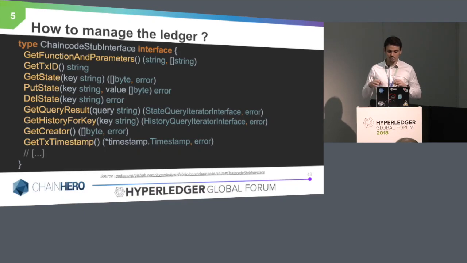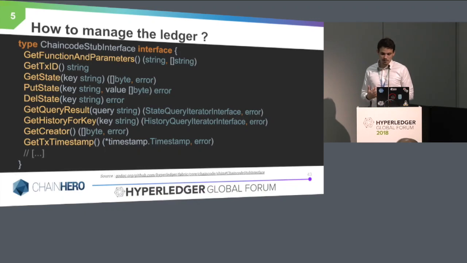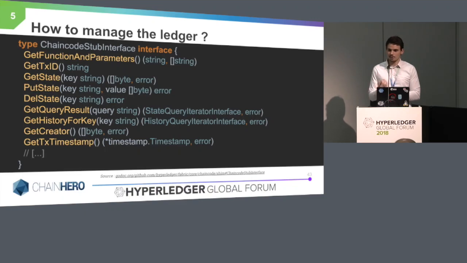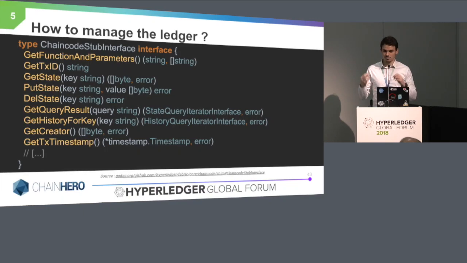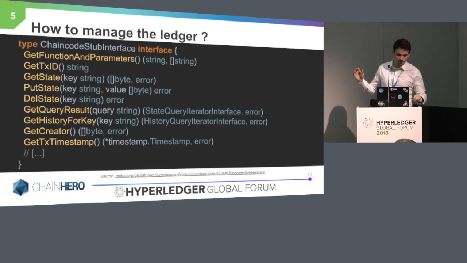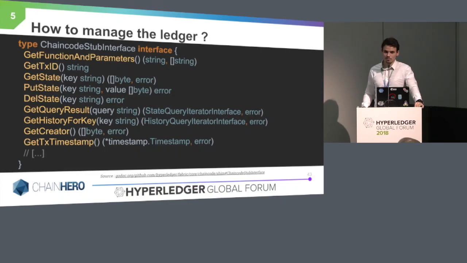Why? Because the network is decentralized. Every peer will run the chain code in a different manner. So if you generate an ID, for example, in each transaction, in each chain code, every result will be different. So the application won't be able to make the transaction. So don't forget to use the transaction ID if you want to get some new key, for example.